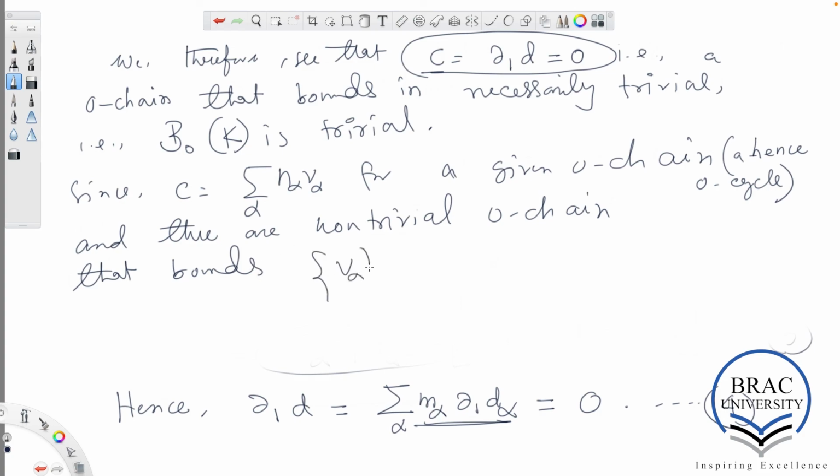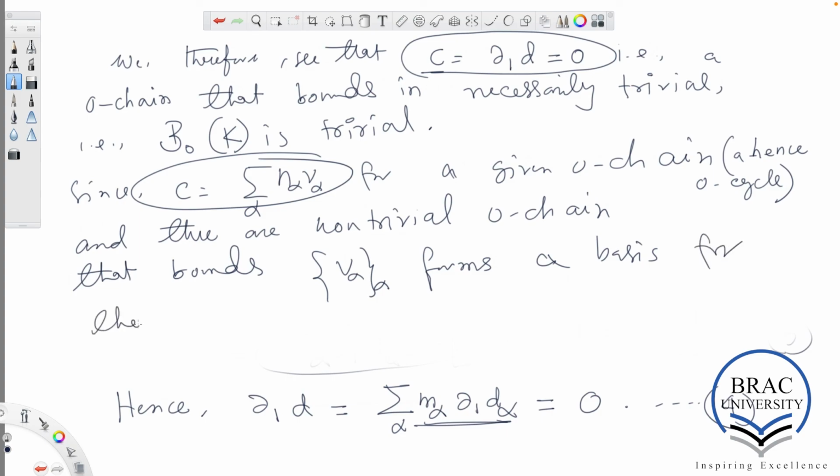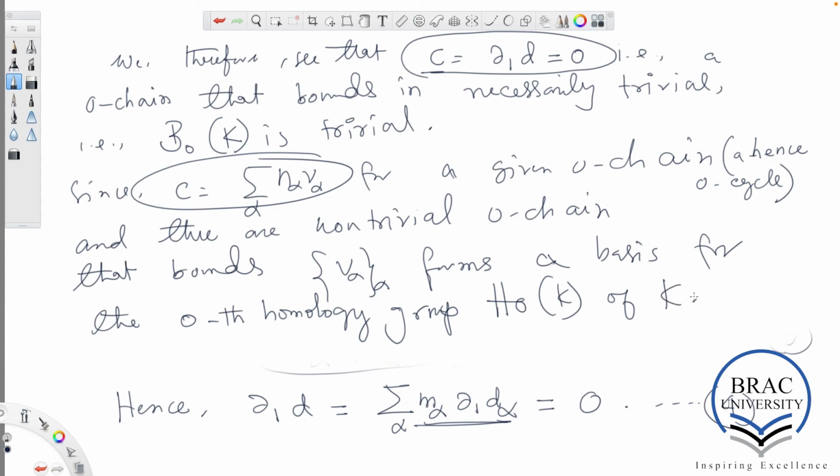This collection V alpha forms a basis for the zeroth homology group H0 of K. And this proves that this is a free abelian group, because it has this basis. Free abelian.